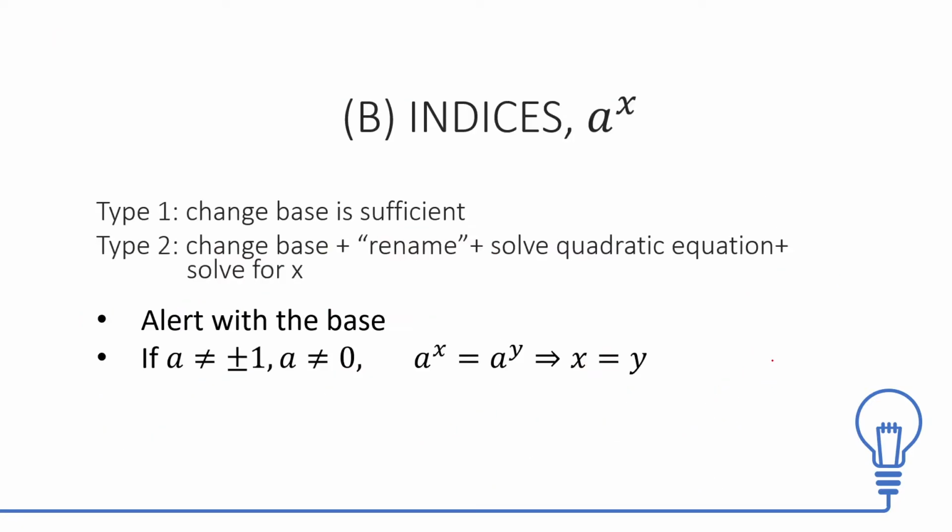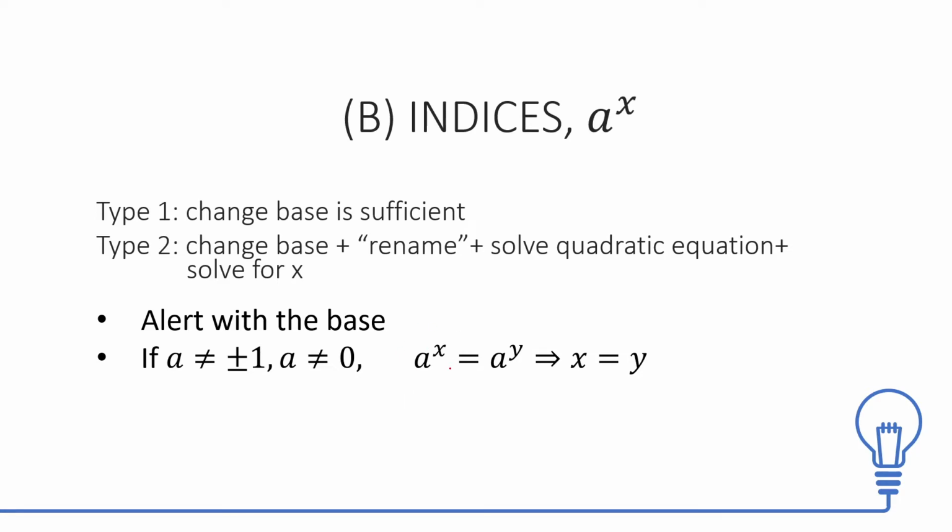Okay, so now we move into the second type, involving indices. In indices we also see two different types of questions. The first one is when changing the base is sufficient, which means we only compare the base.